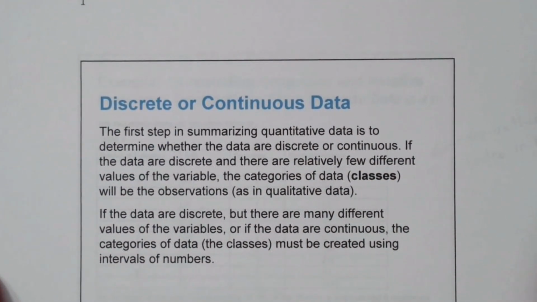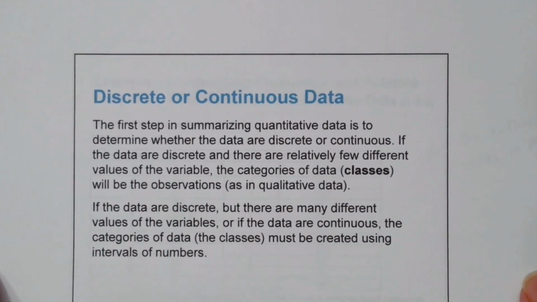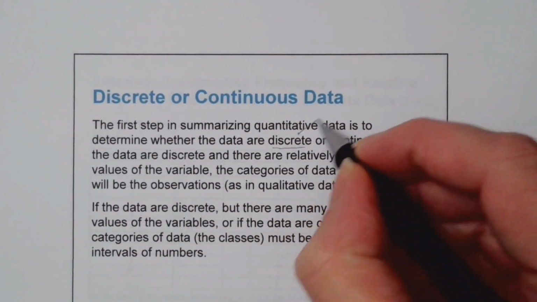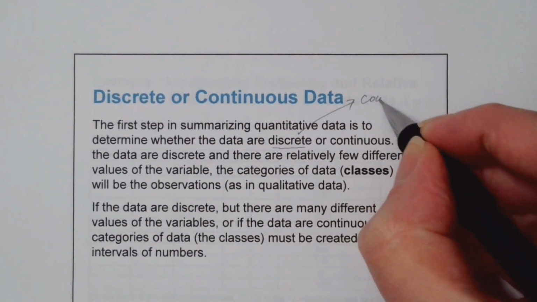So first of all, it depends on if we have discrete or continuous data. The first step in summarizing quantitative data is to determine whether the data are discrete or continuous. Now remember, discrete data is countable.